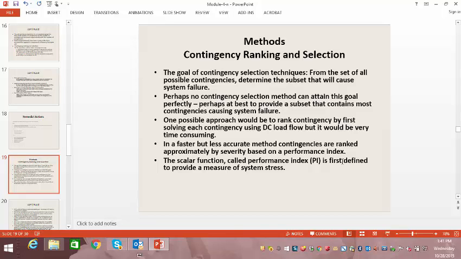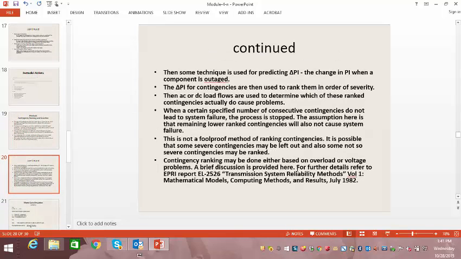The performance index is first defined to provide a measure of system stress, for example, overload, over voltage, and so on. Then a technique is used for predicting a delta PI, the change in PI when the component is outaged. Then these delta PIs are used to rank the contingencies in terms of their severity, which contingency is more severe, which is less severe, and so on.